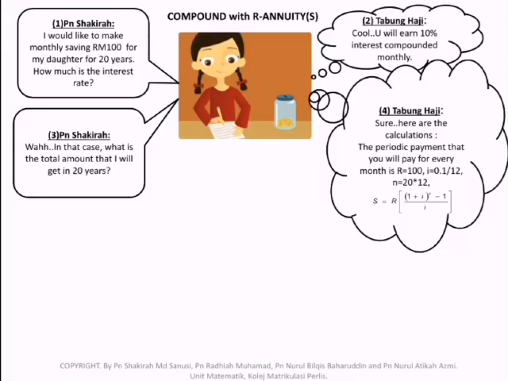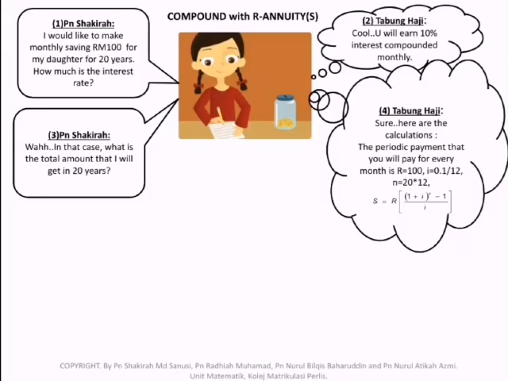And then you will put all the information inside the formula S, which is S equals to R times 1 plus I in the bracket power of N minus 1 over I.